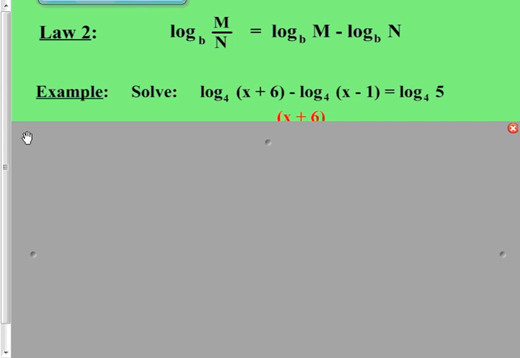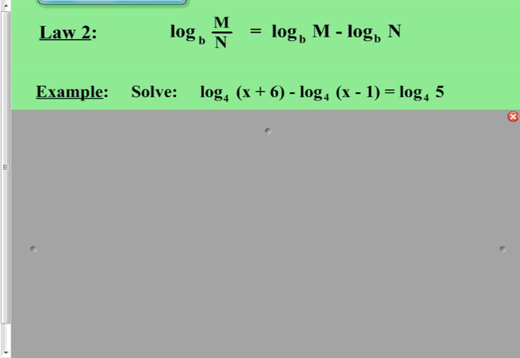Okay, so let's see this one in action. Solve log base 4 of x plus 6 minus log base 4 of x minus 1 equals log base 4 of 5. Now please notice that all of the base values in the problem are the same. They are all log base 4. That means we can apply the laws of logarithms.